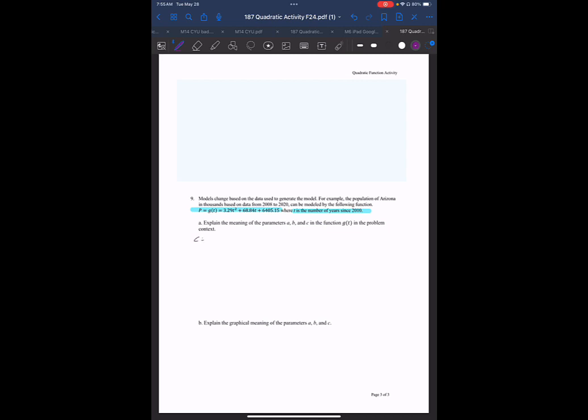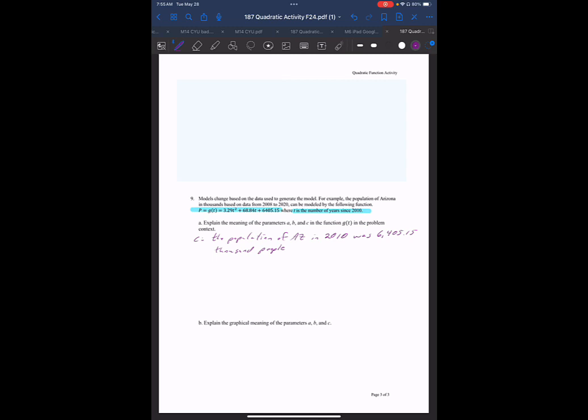So the C value tells us that the population of Arizona in 2010, because when T is equal to 0, that's 2010, was 6,405.15 thousand people. And this is according to the model, right? According to the model, that is the case. All right, so we have that one.